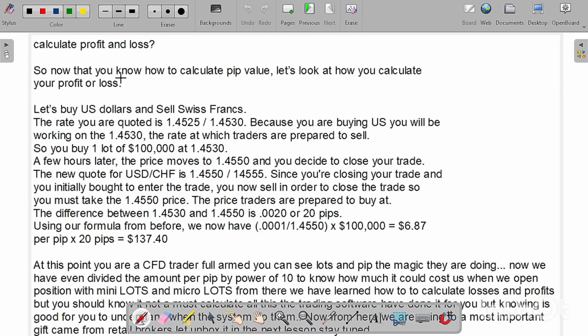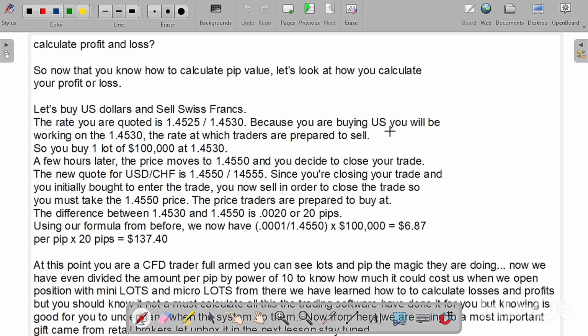So now that you know how to calculate pip value, let's look at how you calculate your profit or loss. Let's buy US dollar and sell Swiss franc. The rate you are quoted is 1.4525, and you could consider this as the ask, and this is the bid.